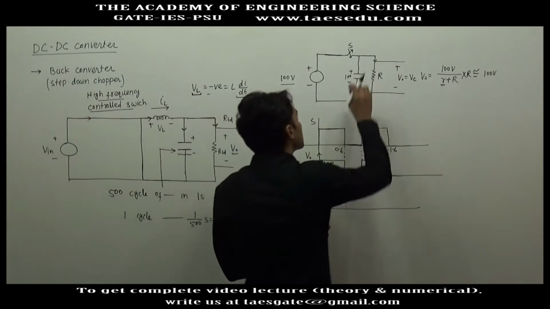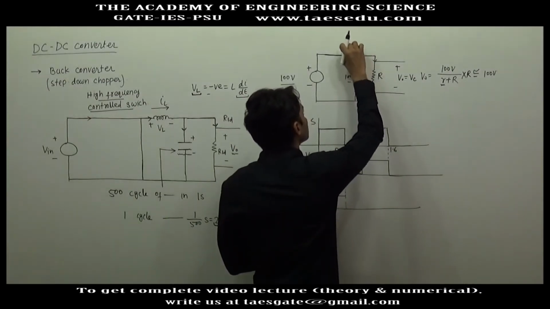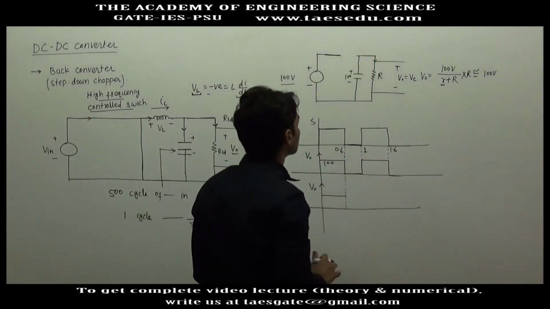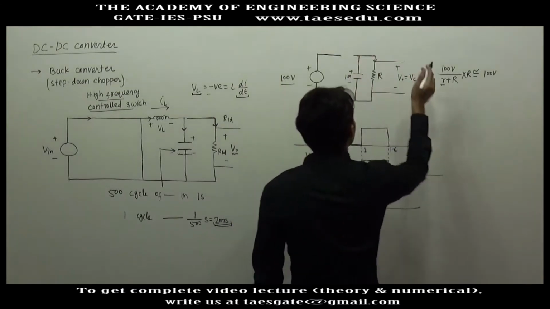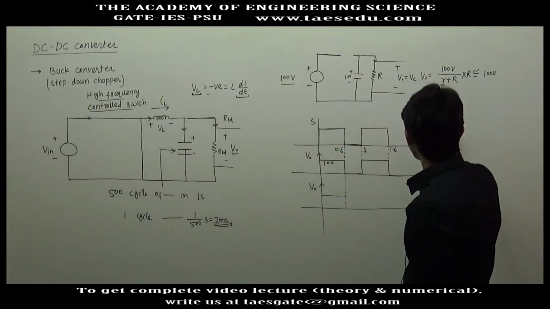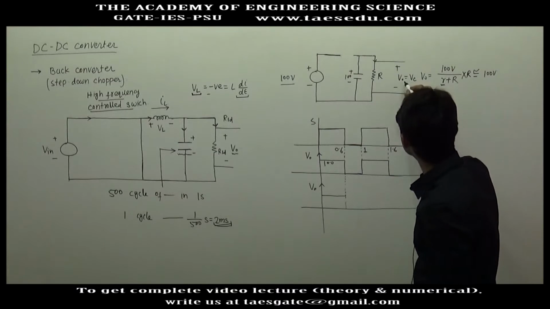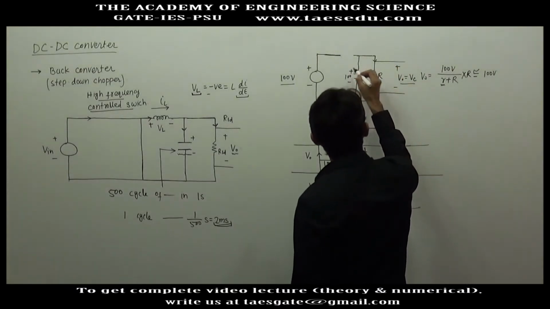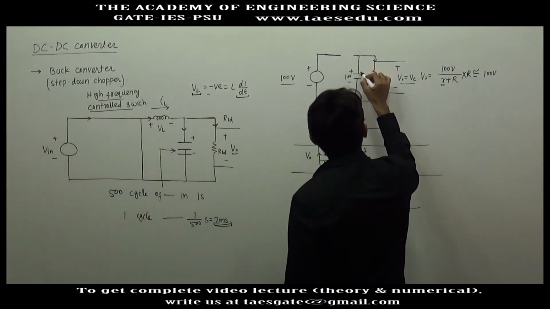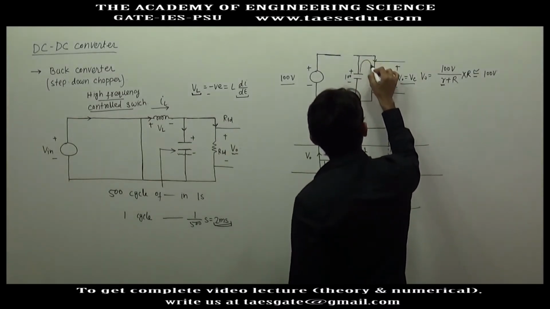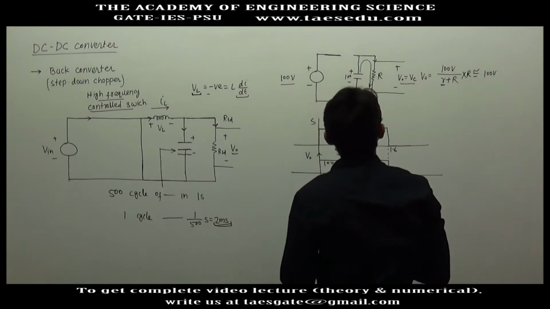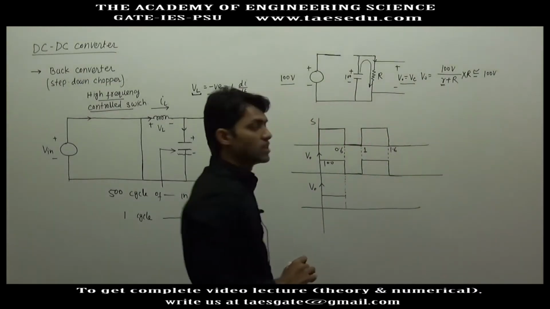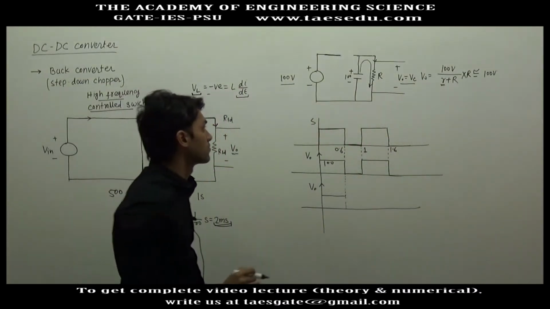Now when this switch is disconnected, what will happen? What will be the output voltage? Output voltage is always equal to the capacitor voltage. Now the switch is disconnected, the capacitor will start supplying current to the resistance, and the capacitor voltage will now decrease gradually.